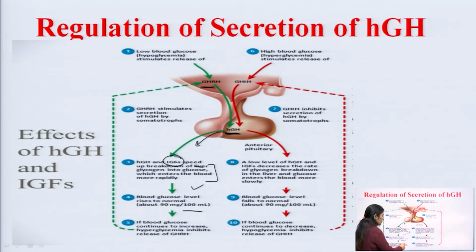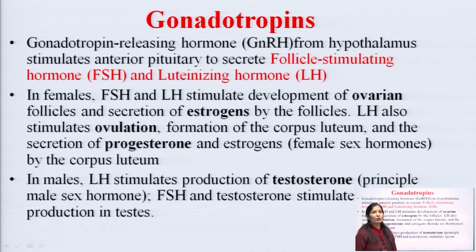If there is a continuous increase in the blood glucose level because of high HGH, then by the negative feedback mechanism, this increase in blood glucose level inhibits the growth hormone releasing hormone, and growth hormone inhibitory hormone inhibits the release and action of human growth hormone in a similar way. So, this is how HGH is regulated.